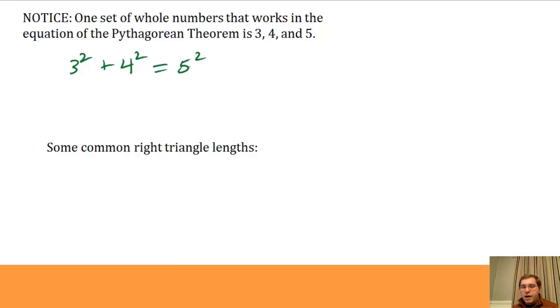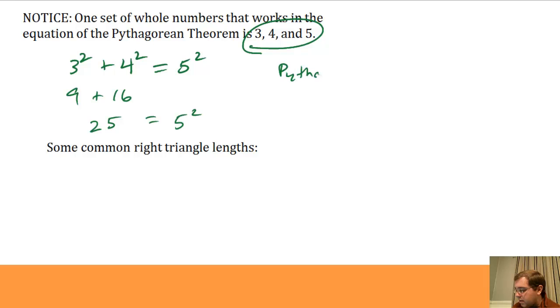I'll notice that that is in fact 5 squared. 3 squared is 9, 4 squared is 16, 9 plus 16 is 25. 25 is the same thing as 5 squared. So 3, 4, and 5 are what is called a Pythagorean triple. Triple because there are 3 numbers, and Pythagorean triple because it's a combination of 3 whole numbers that satisfy the equation c squared equals a squared plus b squared.